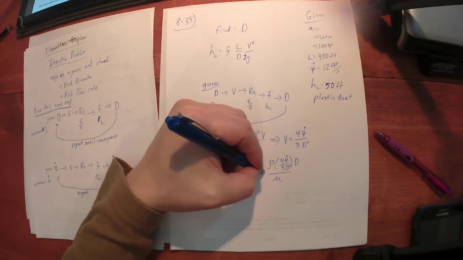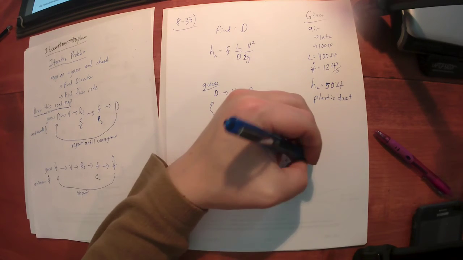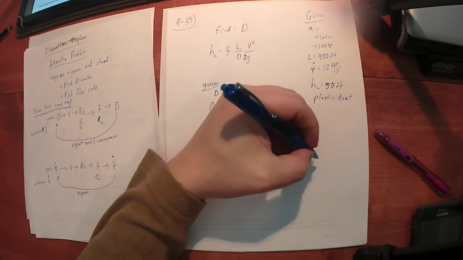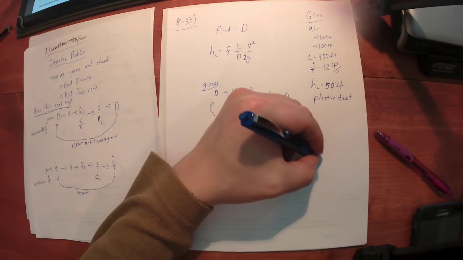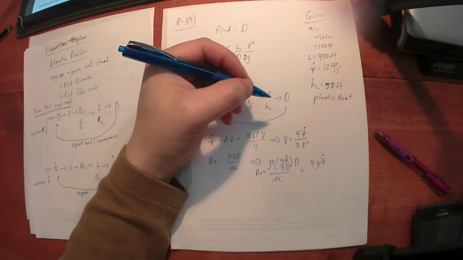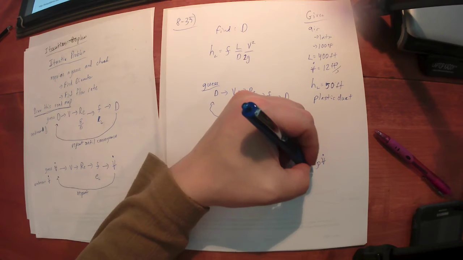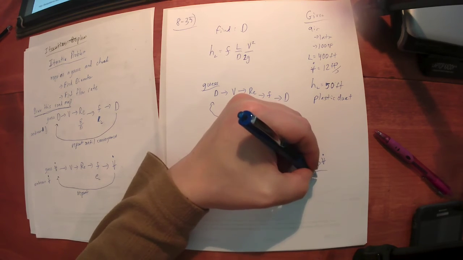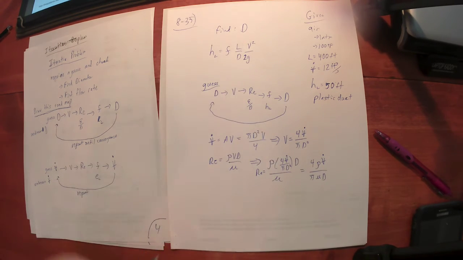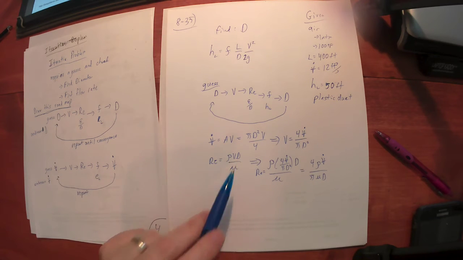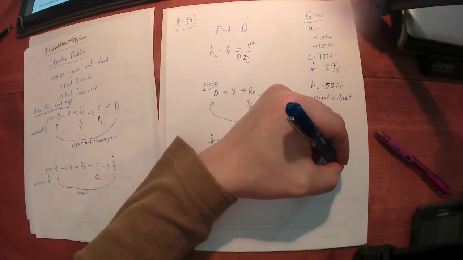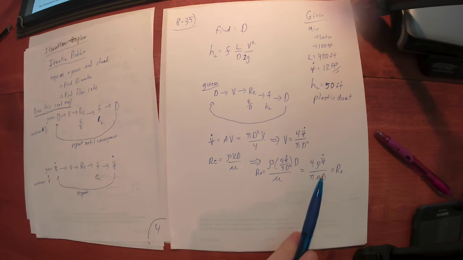That's my Reynolds number. If I simplify this down, the Reynolds number is 4 density V dot divided by pi mu diameter. This is Reynolds number as a function of only diameter being the only unknown.